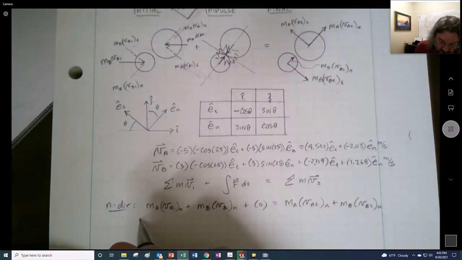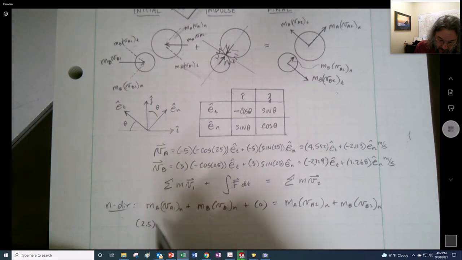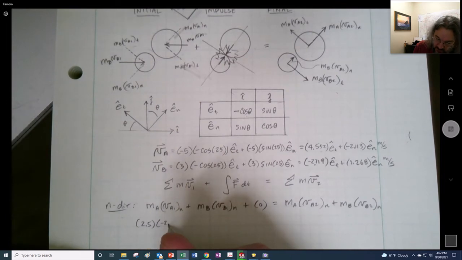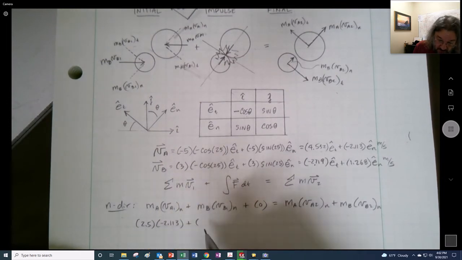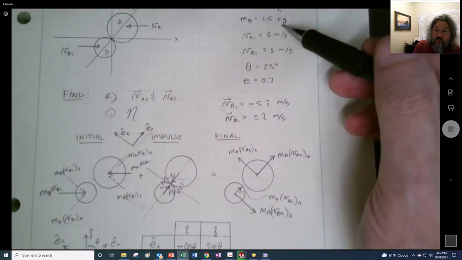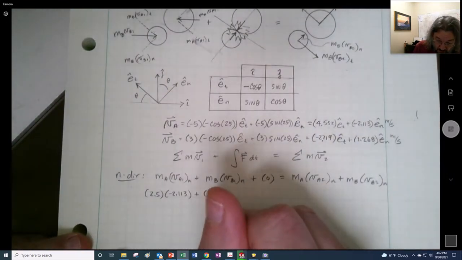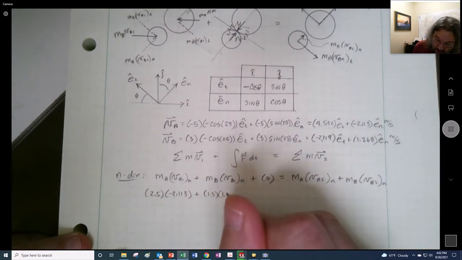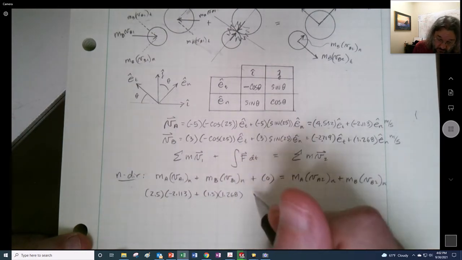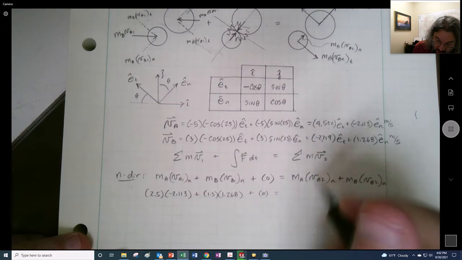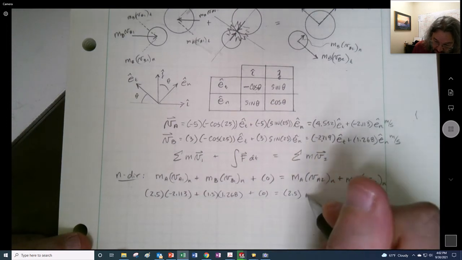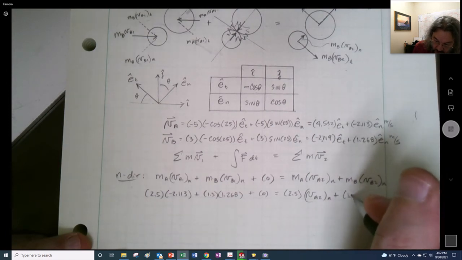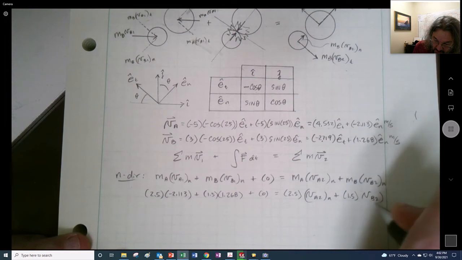And so let's stick some numbers in there. The mass is 2.5 here, and VA in the normal is negative, so minus 2.113, plus my mass is 1.5 for B, so 1.5 times, in the normal direction, 1.268, plus 0 equals 2.5 VA2 normal plus 1.5 VB2 normal.